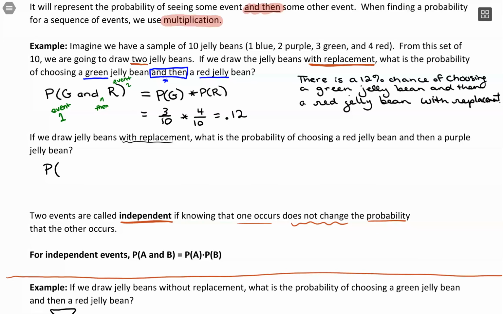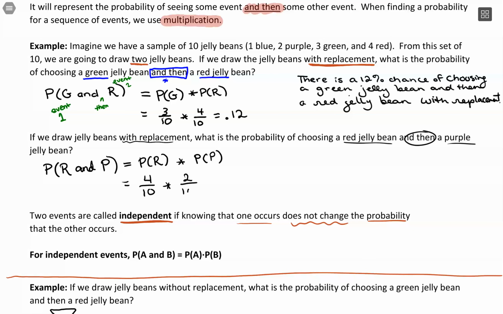So probability of first choosing red and then purple. And with this and then probability, we're going to have multiplication between two events in this case. So we're going to take probability of red for our first event and then purple. So the probability of a red jelly bean was 4 out of 10 times the probability of purple, which was 2 out of 10.